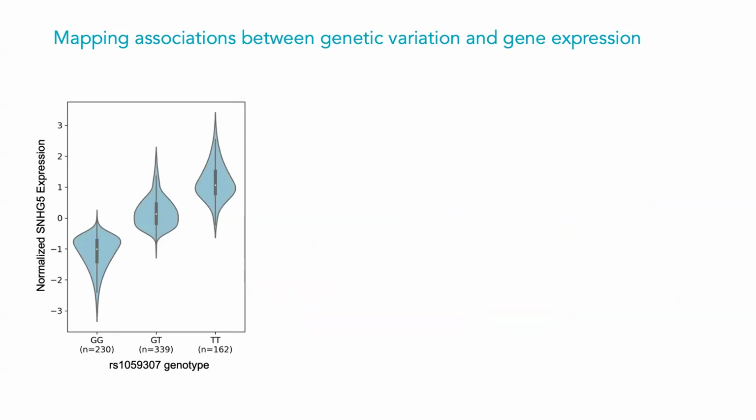And so we can map across this data set, which we've called MAGE, all the eQTLs and sQTLs across the genome for genes that are above some minimal threshold of expression. And we pull out examples like this. This is a gene, SNHG5, where additional copies of the T allele are associated with higher expression of this gene.